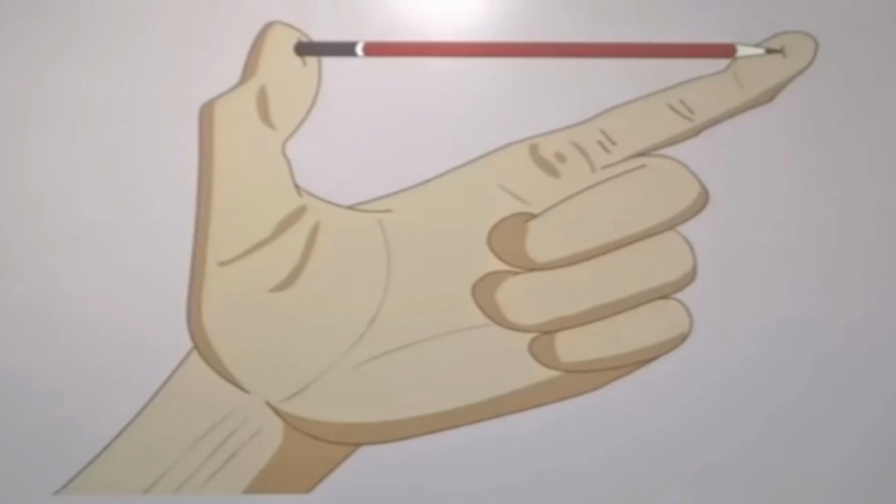The sharp edge has very little surface area compared to the bottom of the pencil. So if the surface area is less, the pressure will be more. Did you all understand?